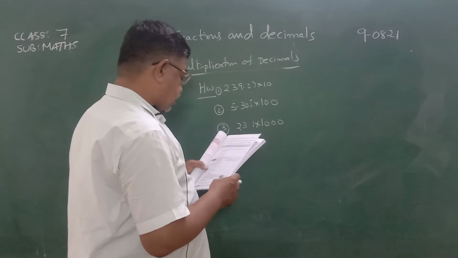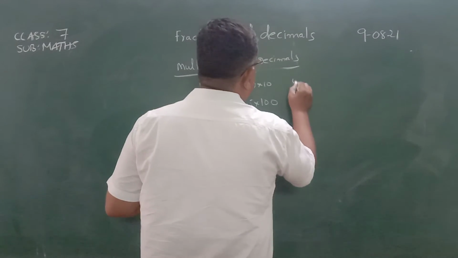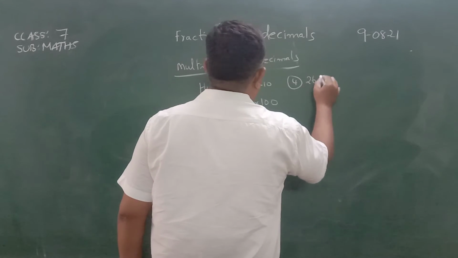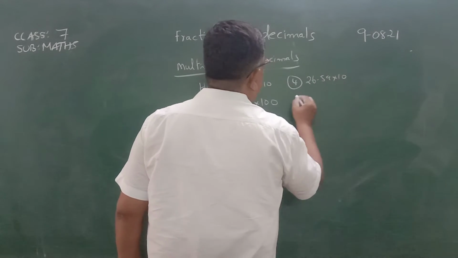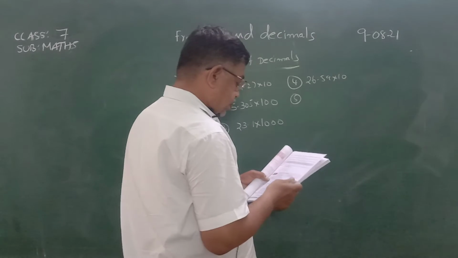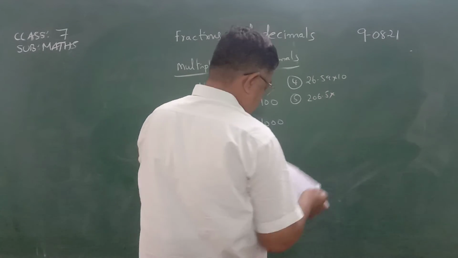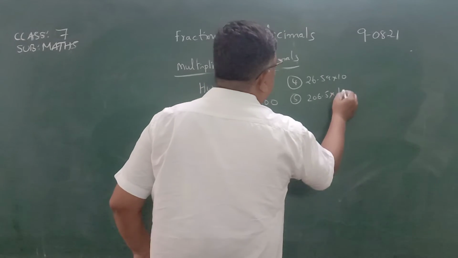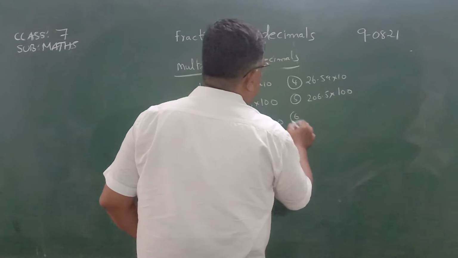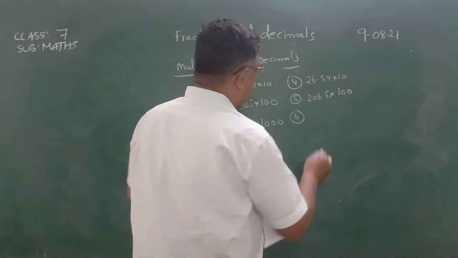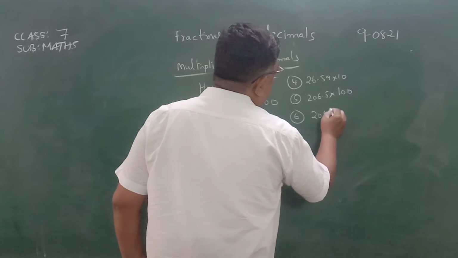And I will give another 4 problems also. You can try this. Fourth problem, 26.59 into 10. Fifth problem, 206.5 into 100. Next, sixth problem, 206.5 into 1000.